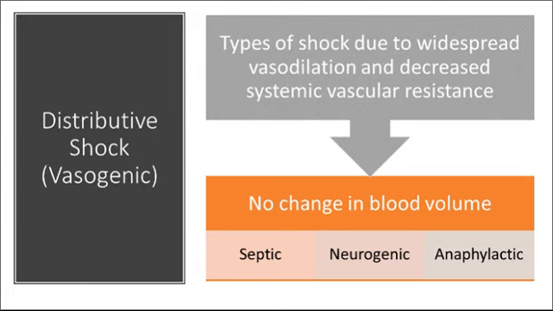There is no change in blood volume as in obstructive, hypovolemic or cardiogenic. There is plenty there, but it is so vasodilated that it decreases perfusion and leads to shock. So distributive shock or vasogenic shock, the types are septic, neurogenic, anaphylactic.